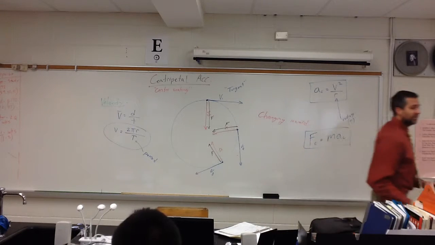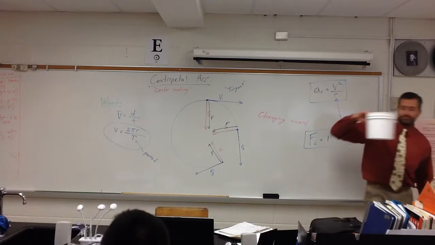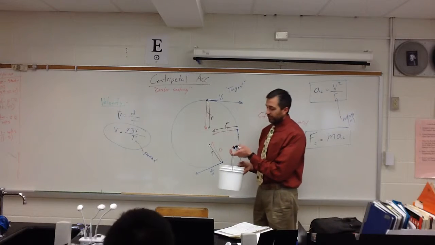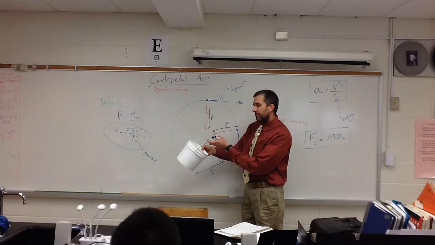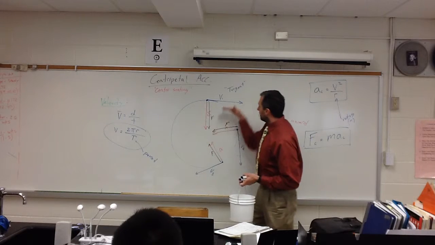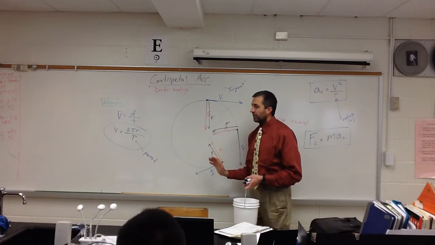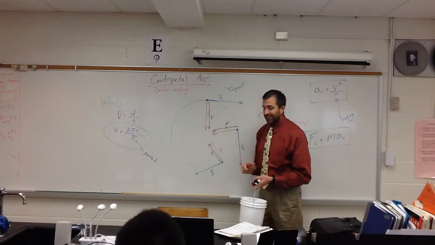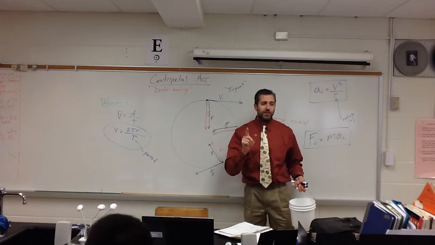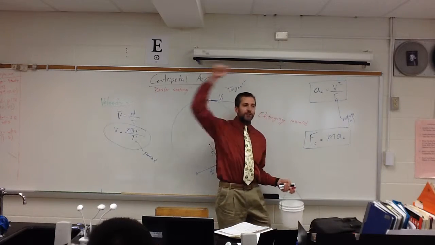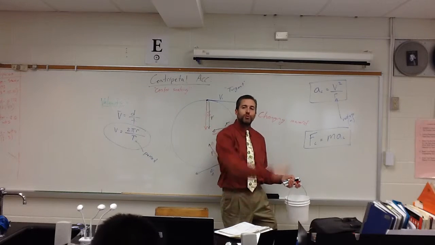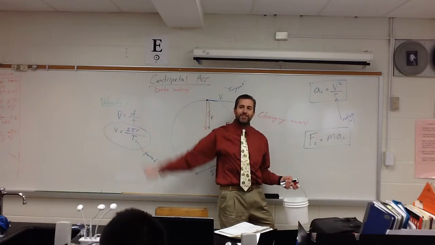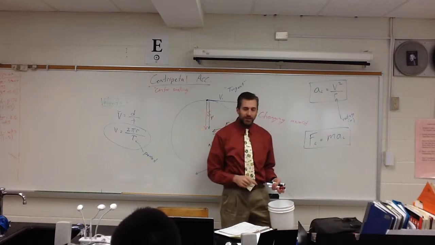So tying it back into the original demo, this bucket of water, as I spun it around, the velocity was constantly changing direction, therefore it was accelerating, but what's amazing to think about is it was accelerating, however, what was true about the speed of the bucket? Constant speed.